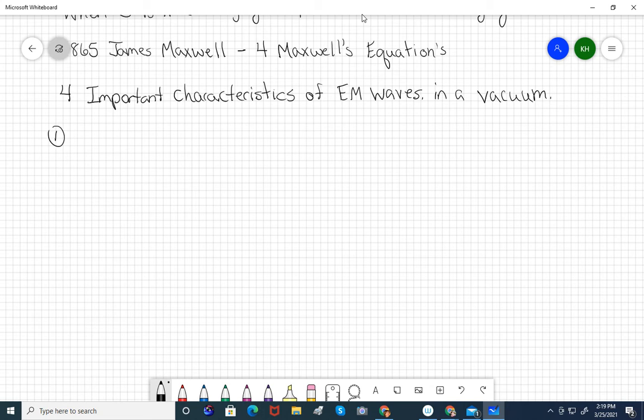Number 1, electromagnetic waves are transverse waves. The electric field is perpendicular to the magnetic field, and both are perpendicular to the velocity.